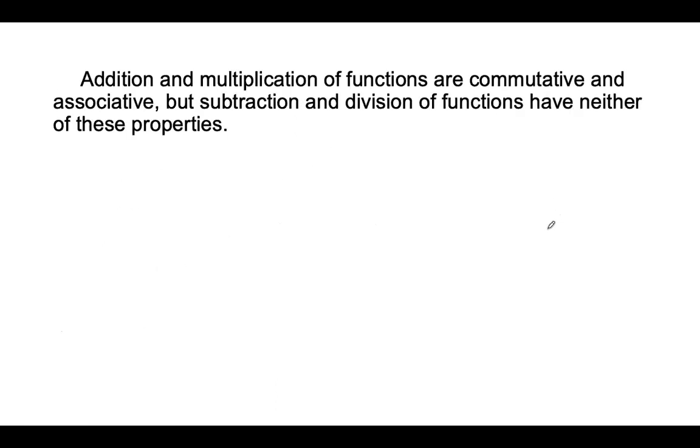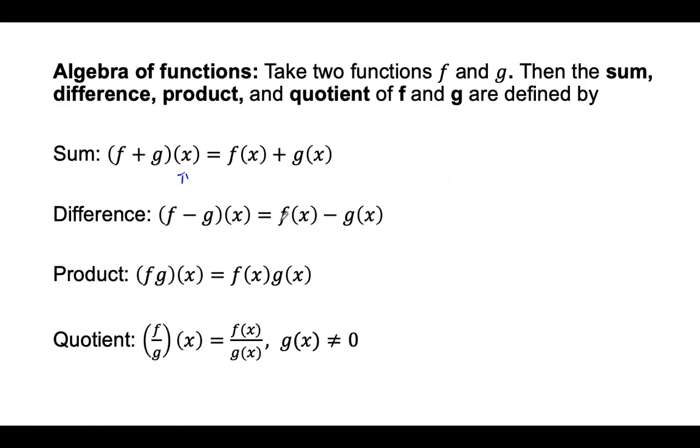But let's see some examples. We see that addition and multiplication are commutative, so you can add f plus g or g plus f, same thing.